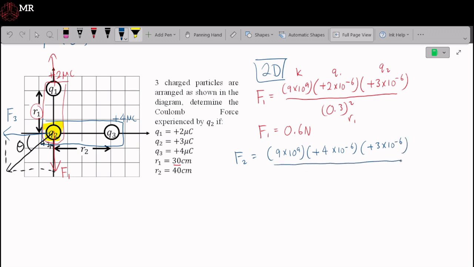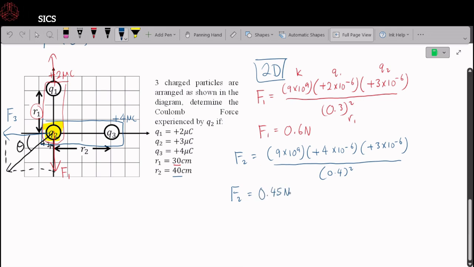And then the distance between them, which is 40 centimeters, which is 0.4 squared. If you were to key that into your calculator, what you'll find is that the force between Q2 and Q3 is 0.45 Newton.